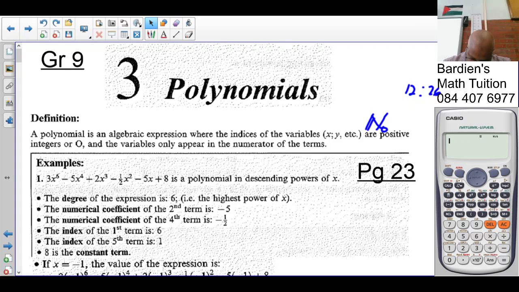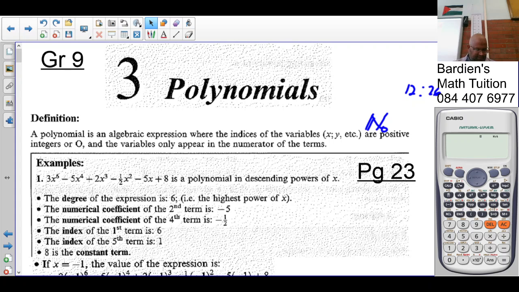Number 4, 5x minus 6x squared, or negative 6x squared plus 5x, which is the same, no? And the last one there is 6x squared minus 4xy plus 8 over 3x, or 8x over 3.